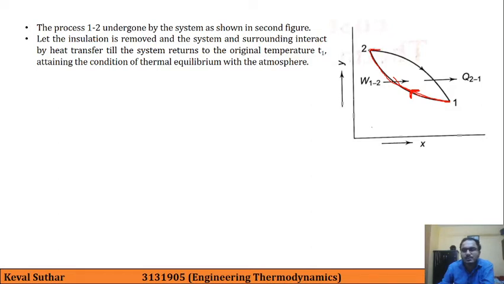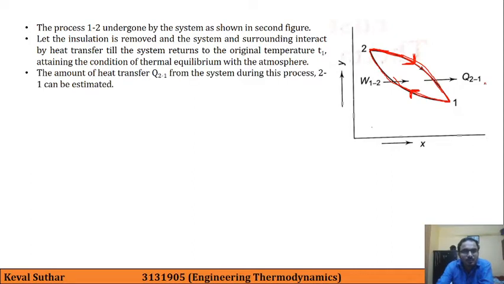This process is indicated by this curve, that is process from 2 to 1 in this direction, and here we are having heat transfer from the system. So the amount of heat transfer Q2-1 from the system during the process 2 to 1 can be estimated.